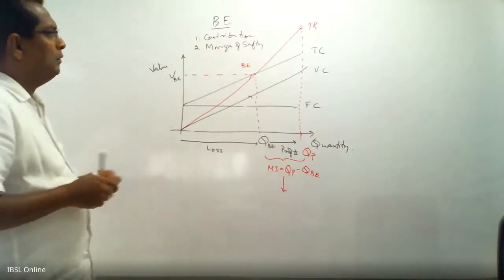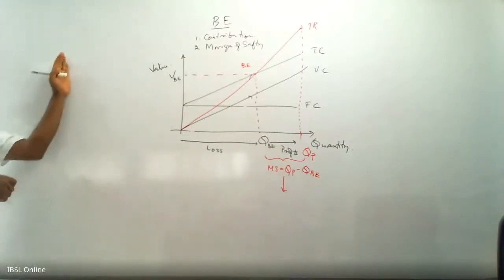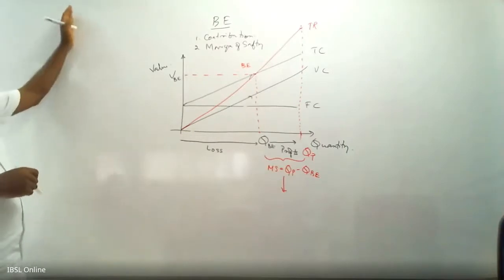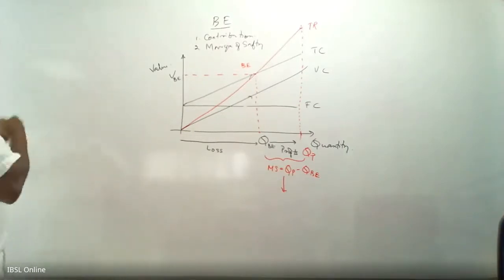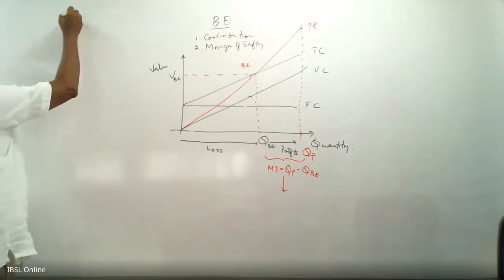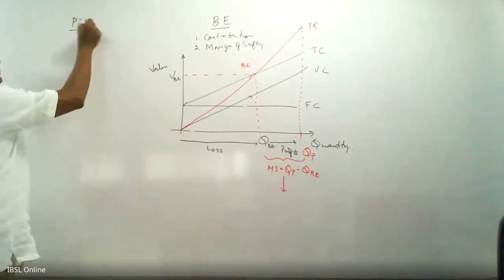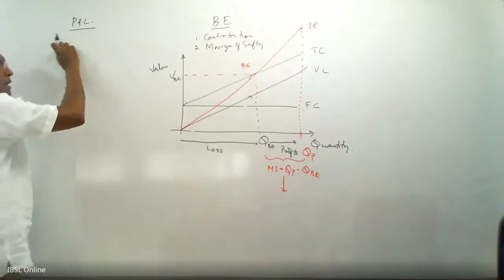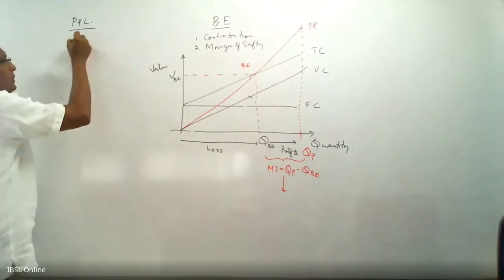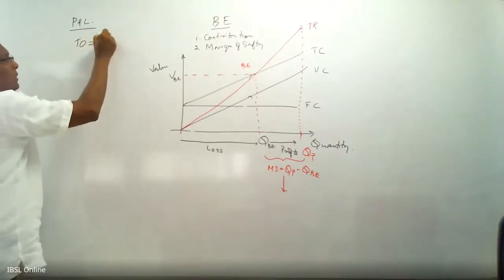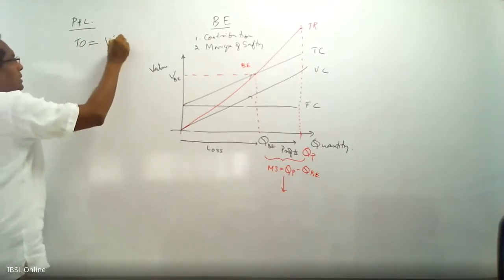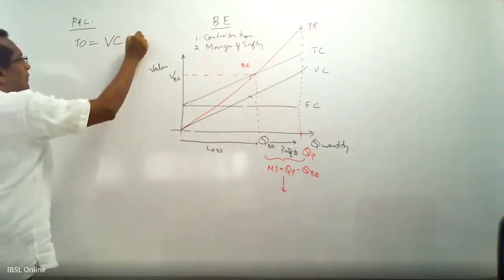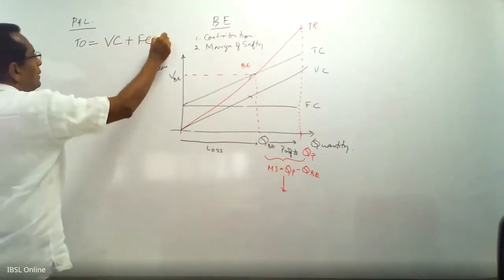Then before this, you can see this side. This part you can see. We predicted the P&L, which is like normally we write the P&L this way, vertically. If you write it horizontally, we have turnover equals variable cost plus fixed cost, overheads, right?